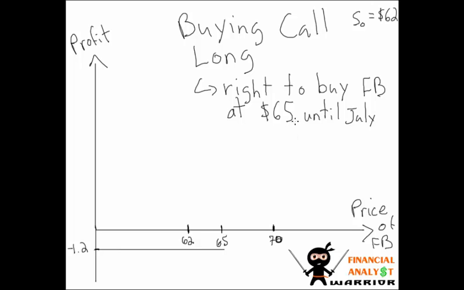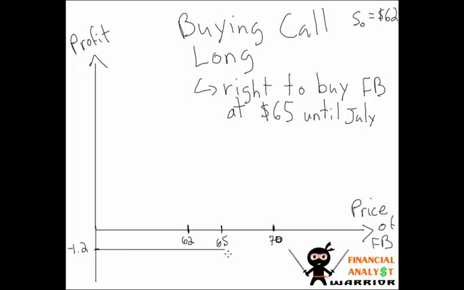So I can buy at 65 and sell it at 70, and therefore I make $5. Obviously, I still don't get my $1.20 that I spent earlier. I don't get it back. This is lost, this is gone. However, I make $5 here. Therefore, net, I'm making $3.80. That's not bad, right? So from 65 on, I make money.